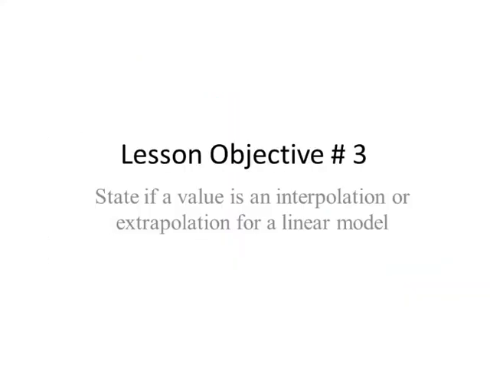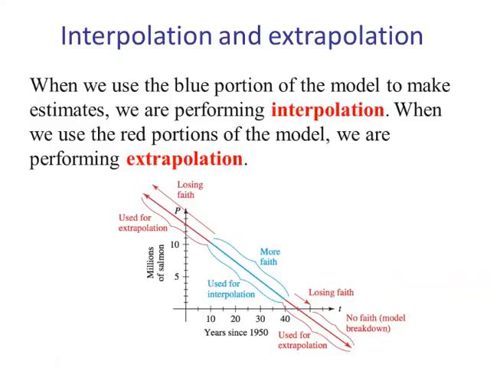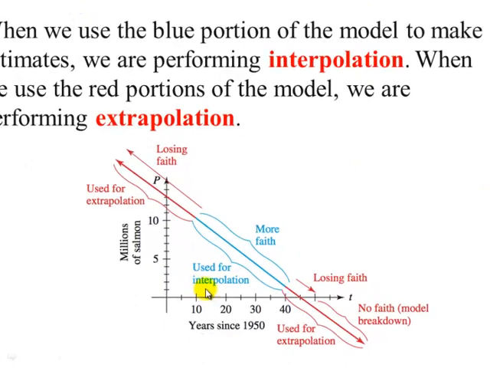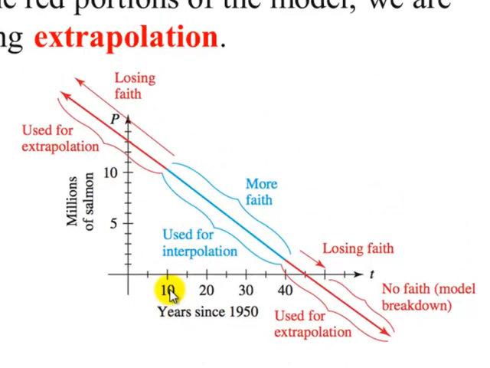Lesson objective number 3. When we use the blue portion of the model to make estimates, we are performing interpolation. When we use the red portions of the model, we are performing extrapolation. So if we look at the graph here, our domain for our x values ranges from 10 to 40.